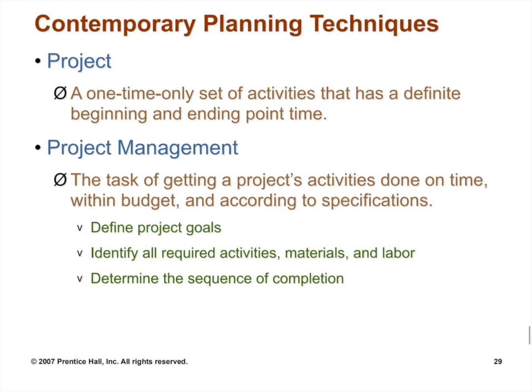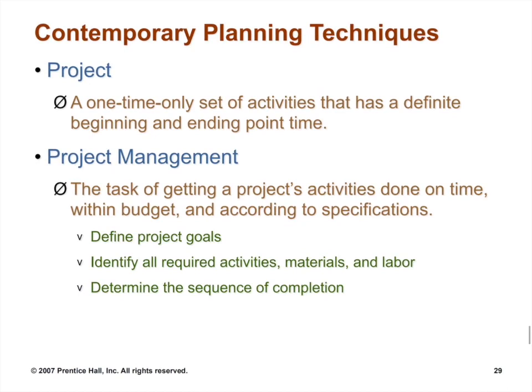And then contemporary planning techniques. We have projects and project management, which is another topic in planning. We're talking about the project. A project is a one-time-only set of activities, with a defined beginning and end point. Project management: define the project goal, identify all required activities, materials, and labor, and determine the sequence.